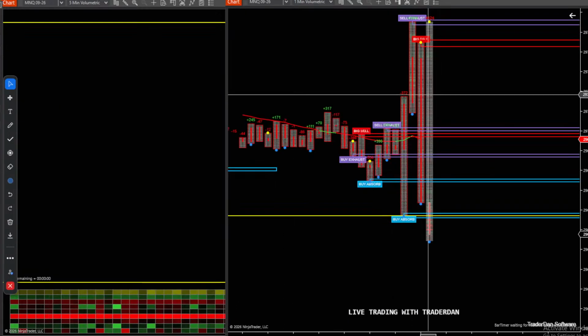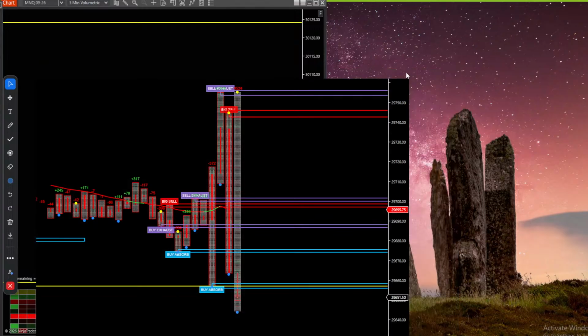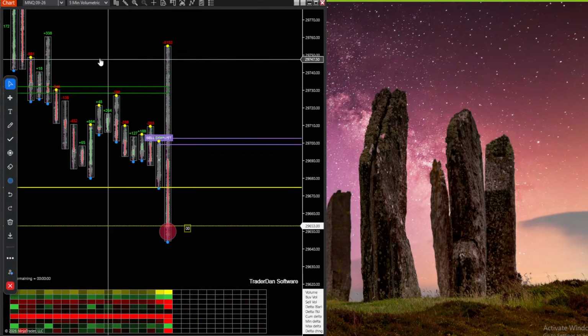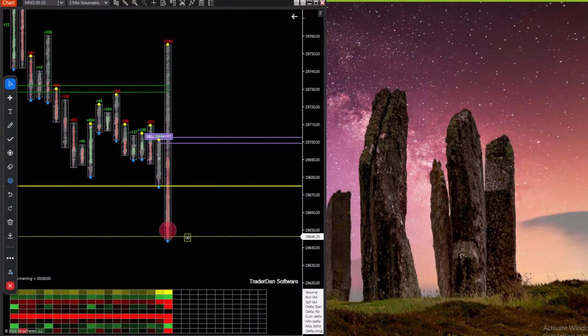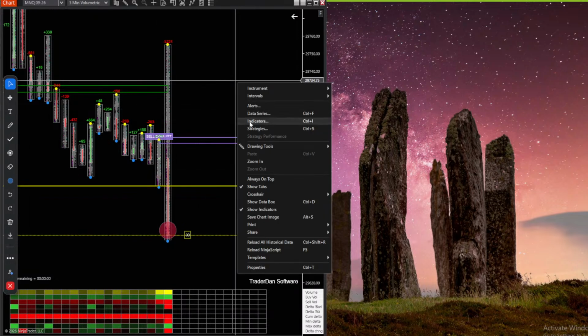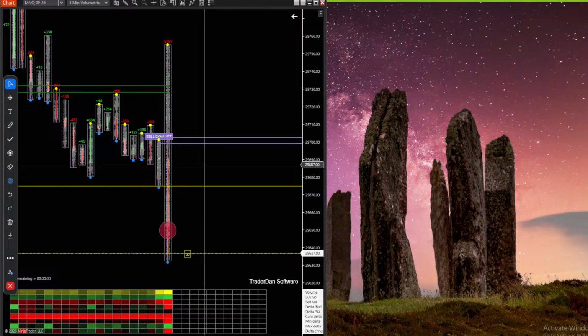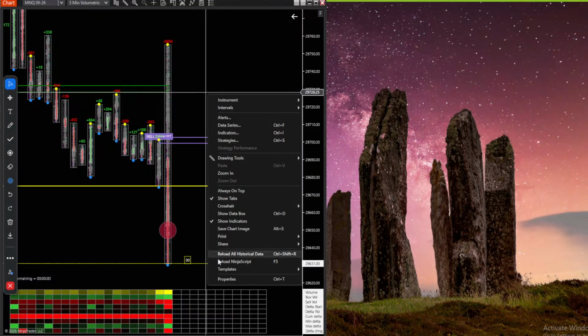All right, let me just get rid of these two charts. We'll keep this one. Maybe I have too many open. All right, 5-minute. Pushing back up, guys. We haven't gone anywhere yet.